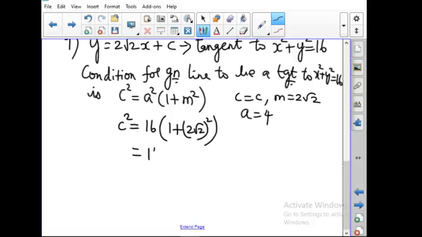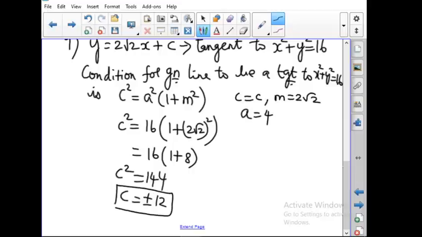So it is 16 into (1 plus 8), since 2 root 2 squared is 4 into 2, 8. So 9 16s are 144. C square is equal to 144, so the value of c is plus or minus 12. Using the given condition, we can substitute the values of a and m and find out c. Okay.